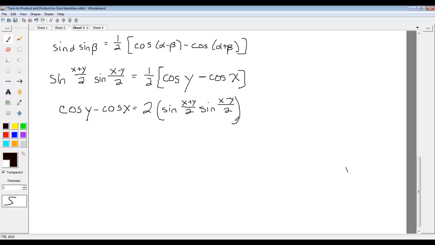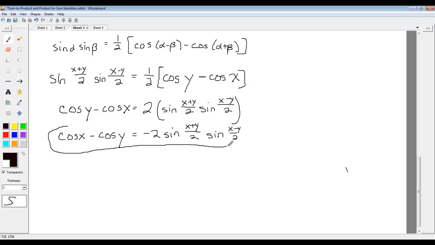You also might see it written a little differently, multiplied by -2, so that you end up with cosine x minus cosine y equals -2 sine of (x plus y)/2 sine of (x minus y)/2. So there's yet another one of the formulas.